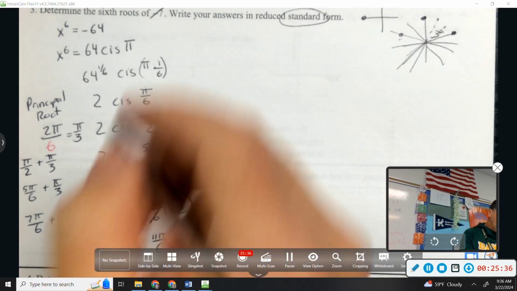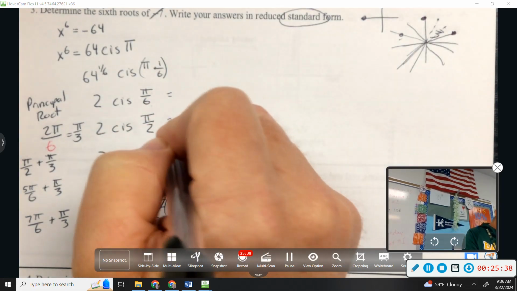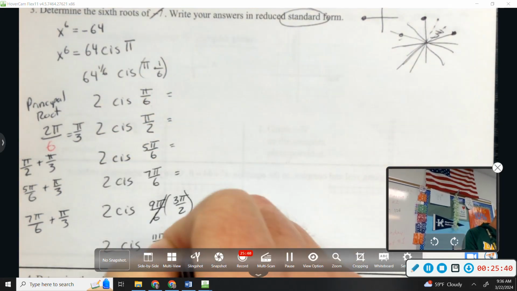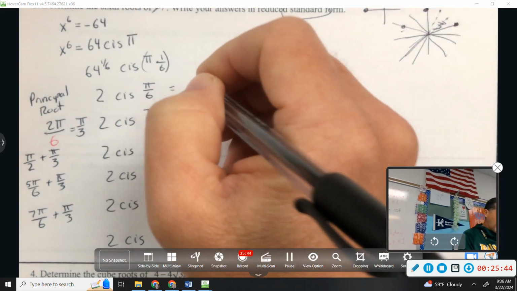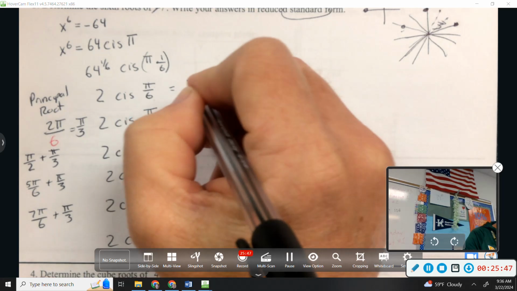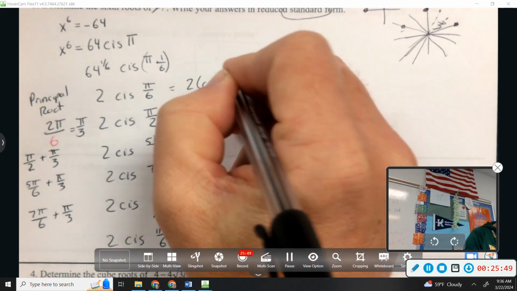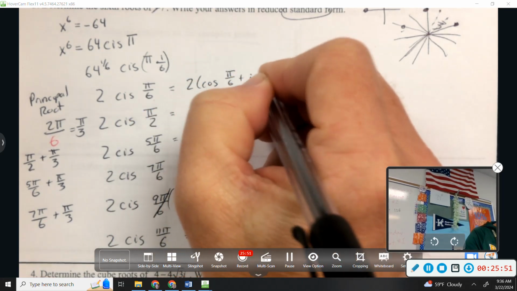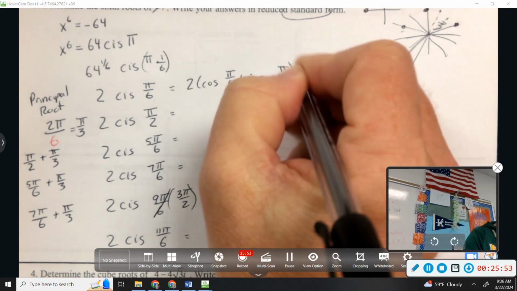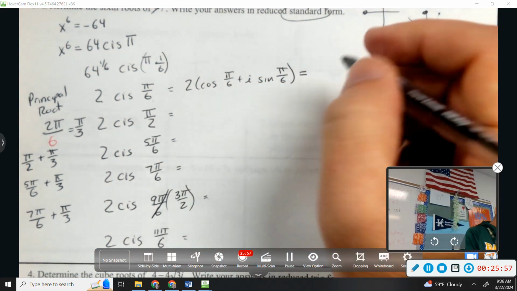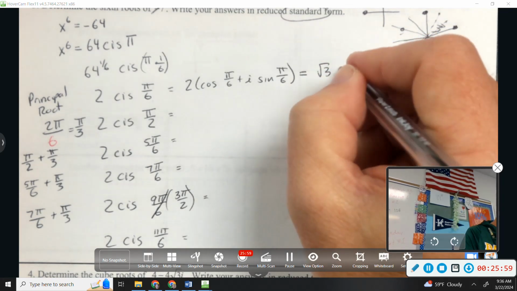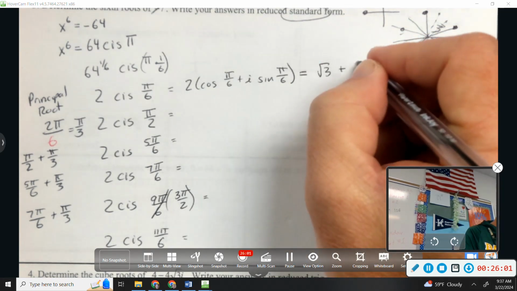Those are my trig answers. Now I'm trying to figure out how to shortcut this, but I don't think I can. Let's see, cosine pi over 6 is root 3 over 2. Sine pi over 6 is a half.